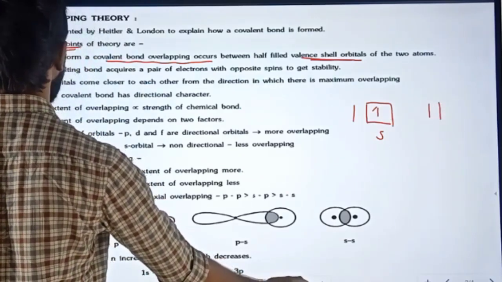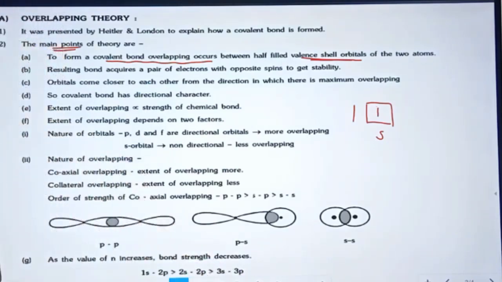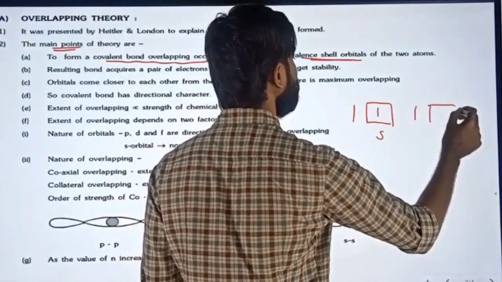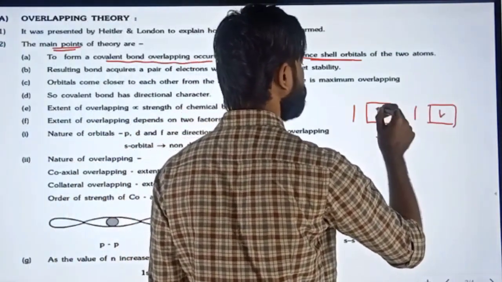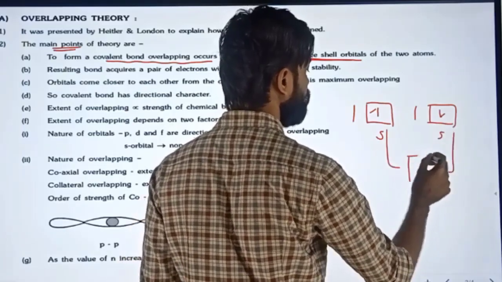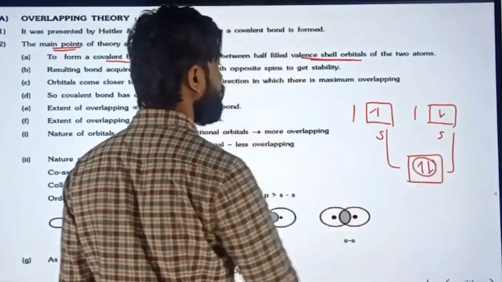The next point: the resulting bond acquires a pair of electrons with opposite spin. If these two orbitals overlap, then a bond results, and the bond has a pair of electrons with opposite spin.